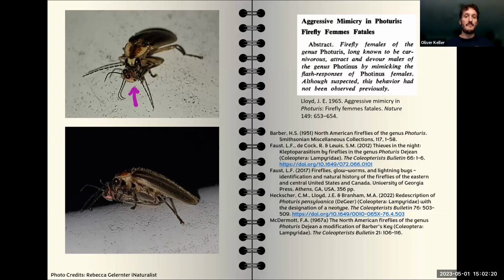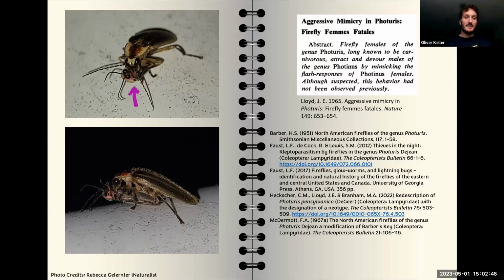And he coined the term firefly femme fatales, because they lure other fireflies in by changing their flash pattern. The females can adjust to the flash pattern of other fireflies in the vicinity, and they will flash like a female Photinus of that species, and the male will be fooled and will move in for mating just to be eaten.